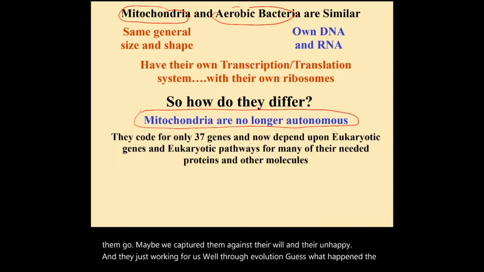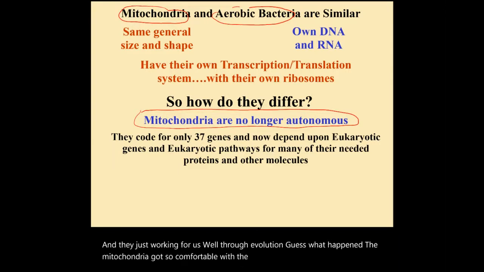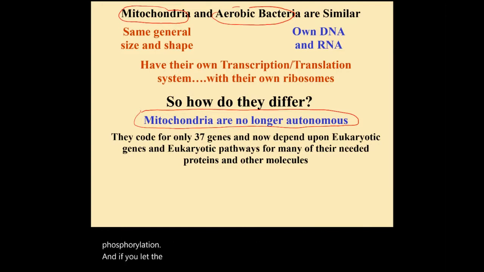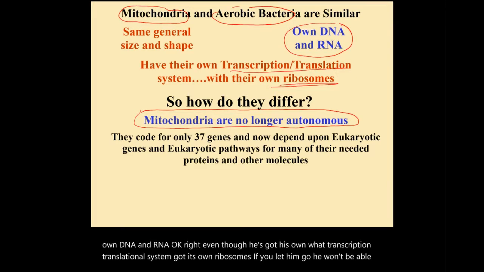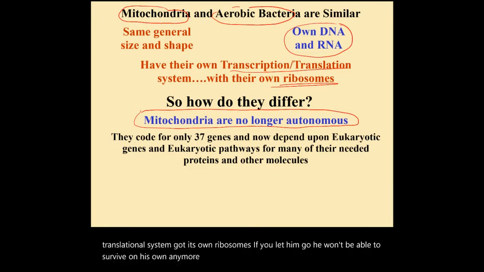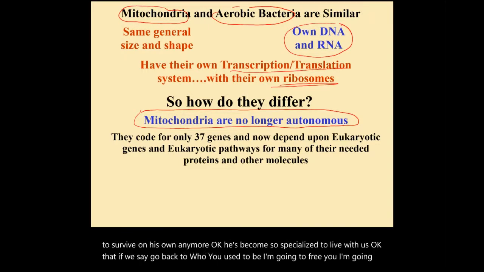The mitochondria got so comfortable with the symbiotic relationship that it became very specialized for cellular respiration, oxidative phosphorylation. And if you let the mitochondria go, even though it has its own DNA and RNA, its own transcription, translational system, its own ribosomes, it won't be able to survive on its own anymore. It's become so specialized to live with us that if you say, go back to who you used to be, I'm going to free you, I'm going to release you, it's going to end up dying.